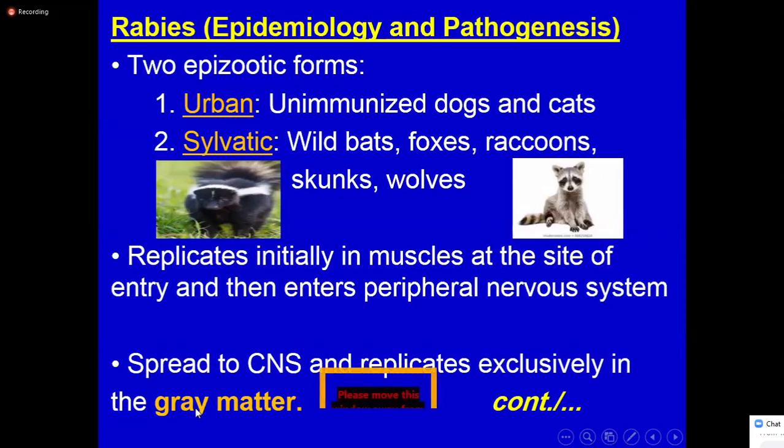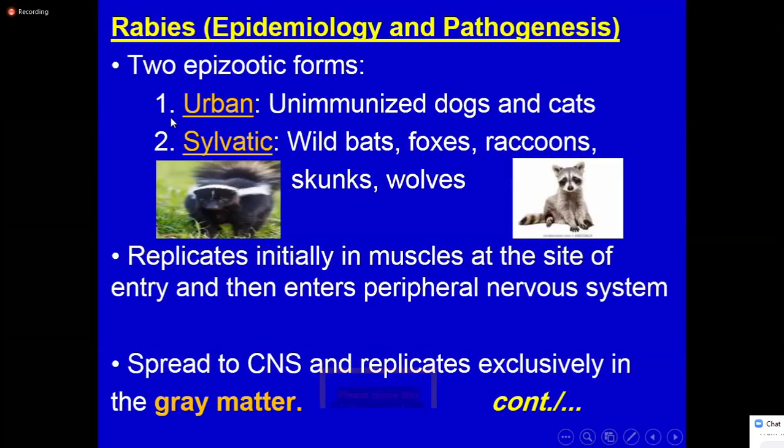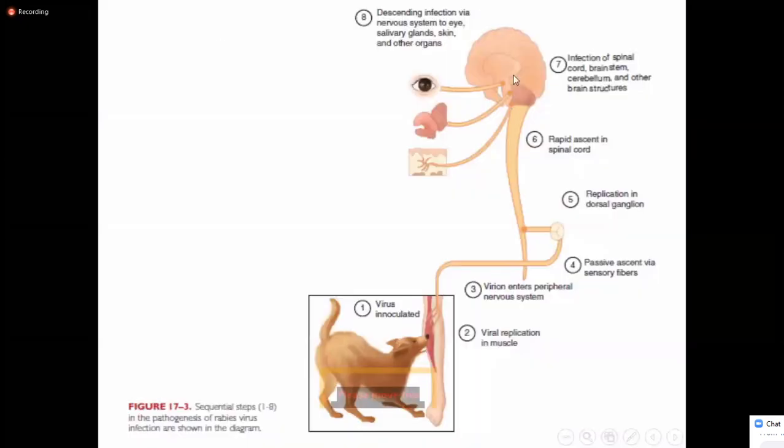The gray matter, as you know, in the brain is the outer part of the brain. In the spinal cord, the reverse: the gray matter will be inside and the white will be outside. You know this from your anatomy and histology. Then, after they reach the CNS, the brain, they will descend back centrifugally.